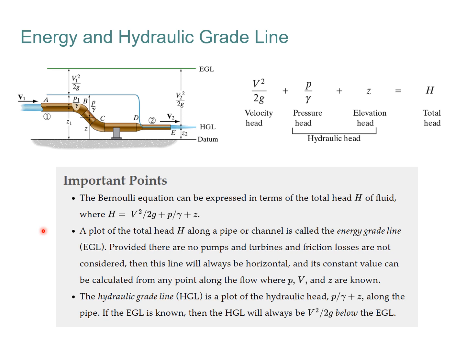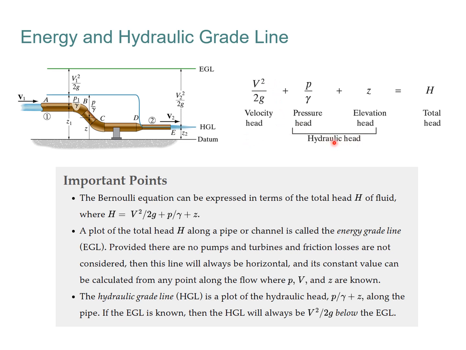The hydraulic grade line is a plot of the hydraulic head along the pipe. So if the energy grade line is known, then the hydraulic grade line will always be V squared over 2g below the energy grade line. So again, the total head is equal to the velocity head plus the hydraulic head.